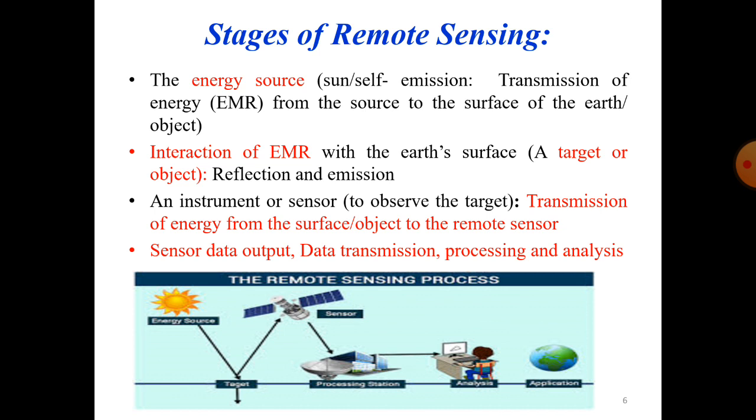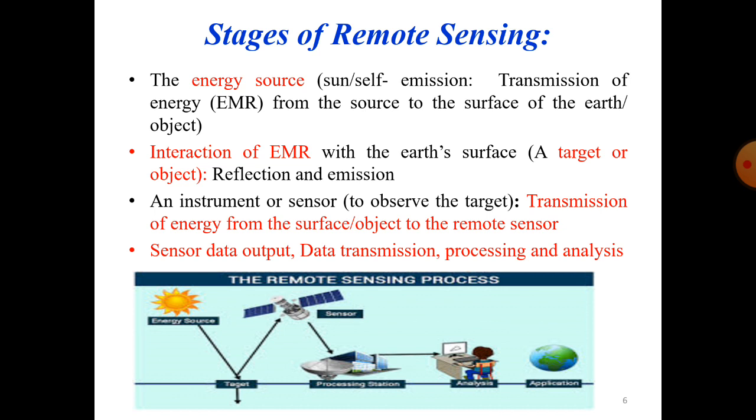This energy or light source could be a natural or an artificial resource. Sunlight, which is a natural energy resource, and radars are artificial energy resources. Whichever type of energy resource it may be, it has to emit electromagnetic radiations. In short, we call them EMRs.